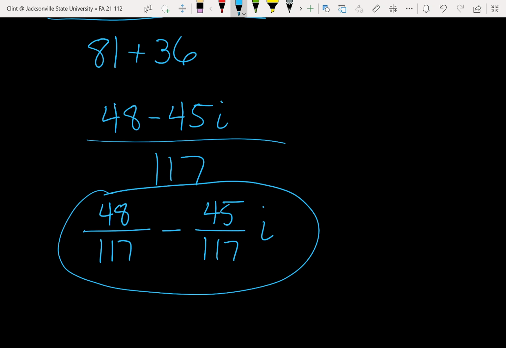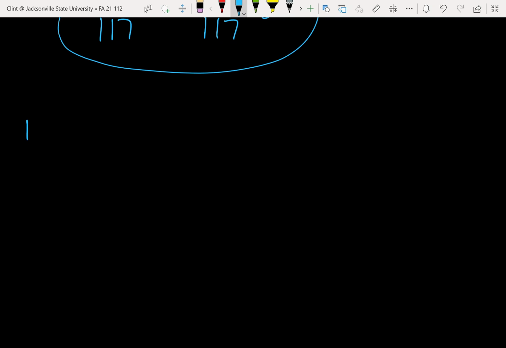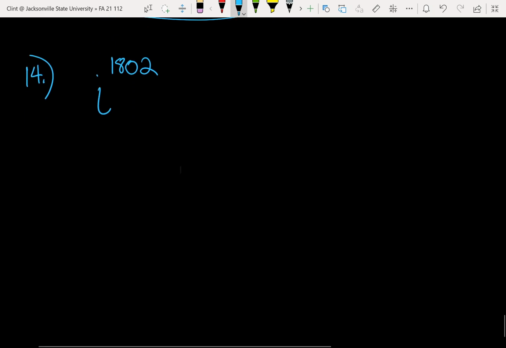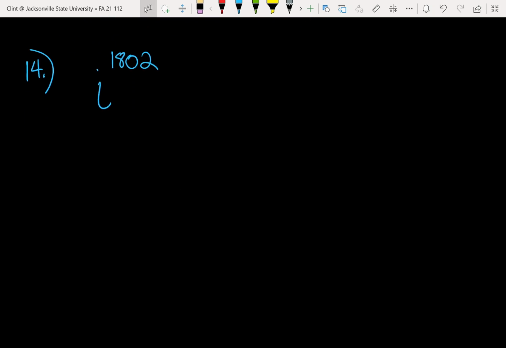One more i problem here. 14, we're simplifying a power of i. The one I got was i to the 1,802 power. Okay, so my strategy on these, I try to rewrite it as i squared to some power. The way I do that, this one was even, so 2 will go into it evenly.